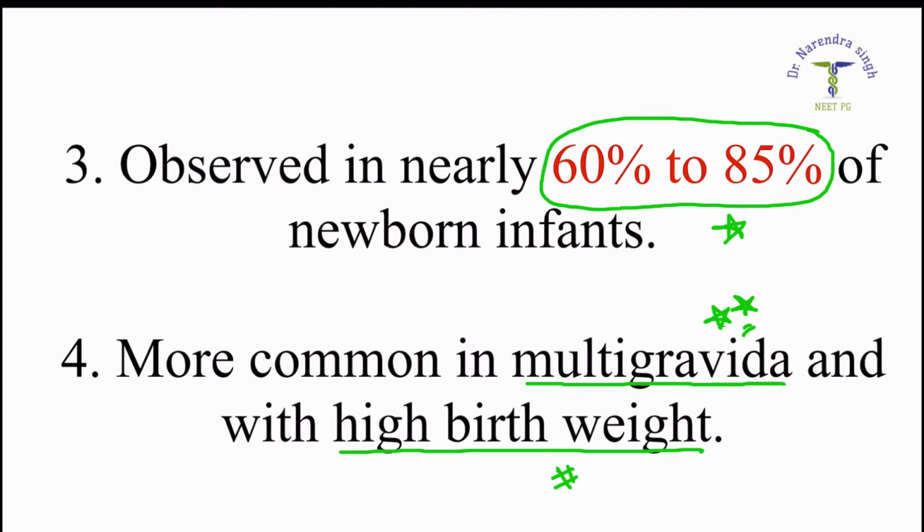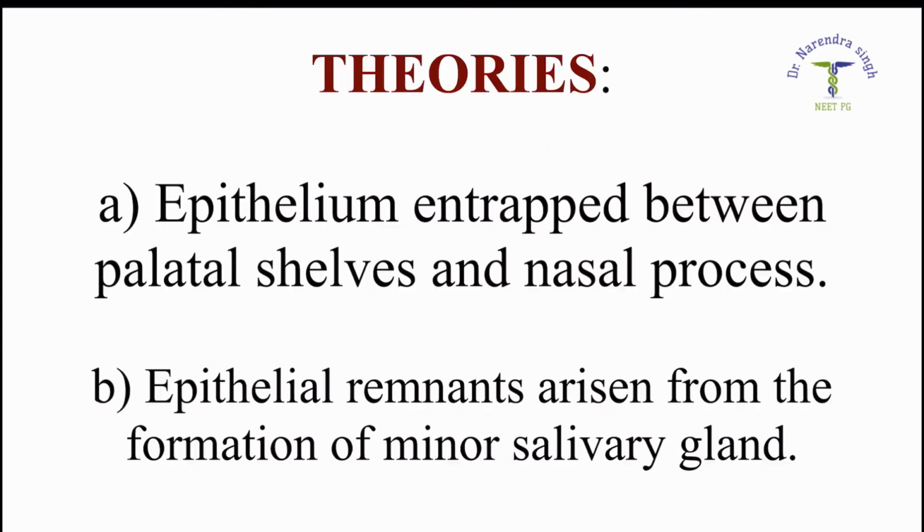Now coming to the theories postulated for the appearance of Epstein pearl. One theory says that there are two palatine shelves, one from the right side and one from the left side, and they fuse in the midline. If epithelium is trapped between the palatal shelves and the nasal process, this can result in a small purely white nodule, known as Epstein pearl.